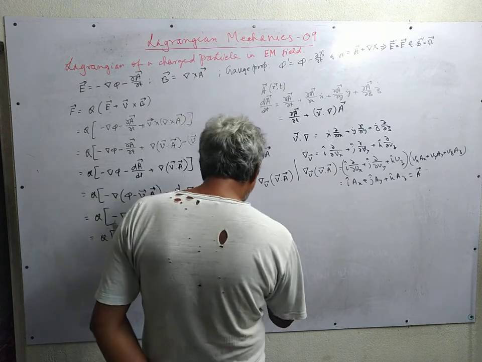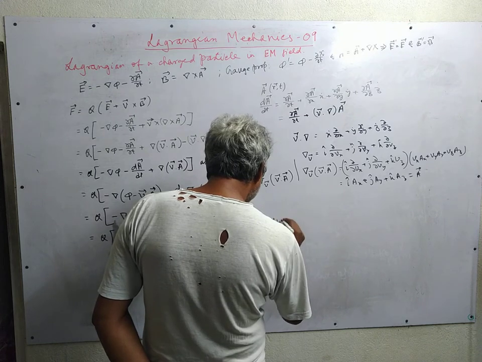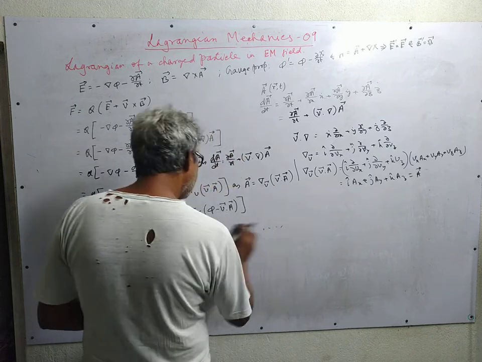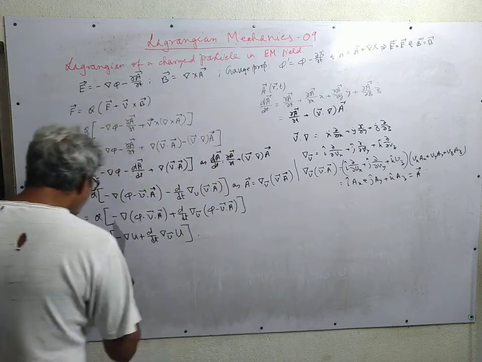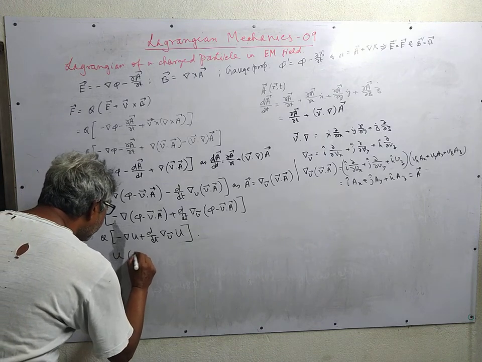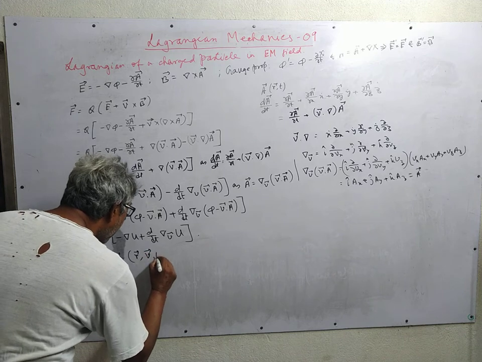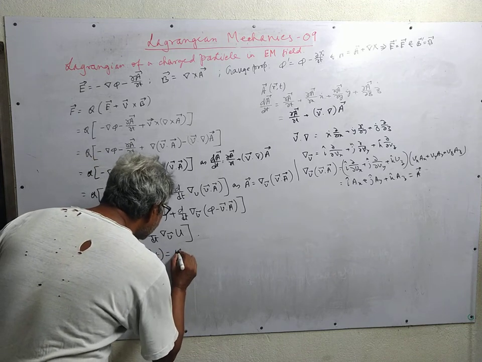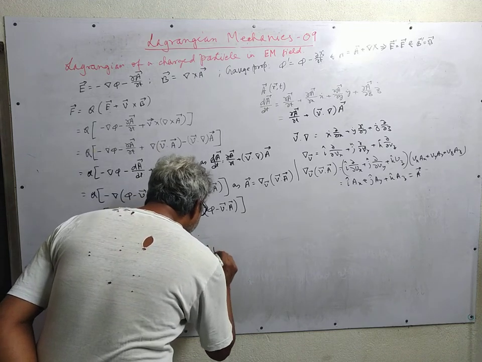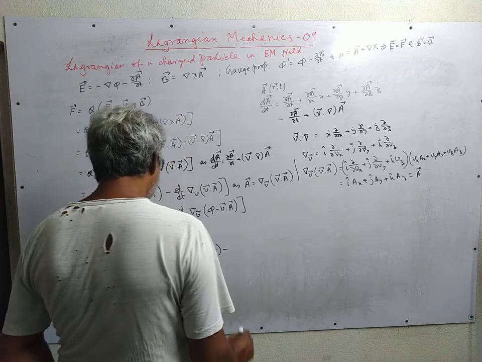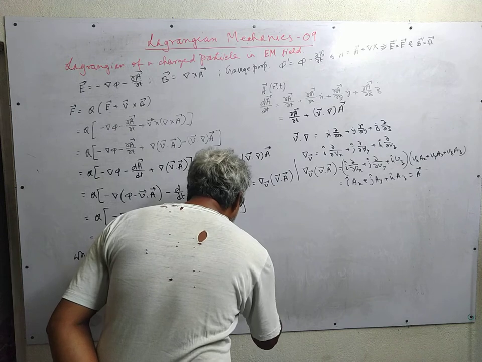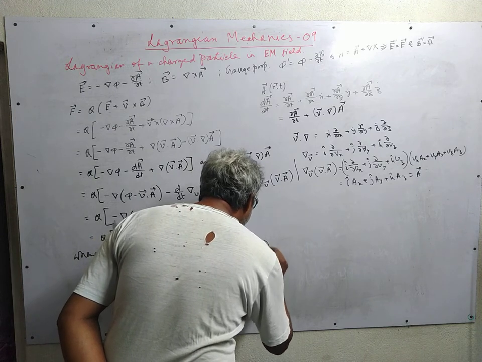It is equal to phi of r, t, sorry, q is there, so then we write, where u, a function of position, velocity and time, is equal to charge q times scalar potential phi, which is a function of position and time, minus v dot A, which is again a function of r and t.